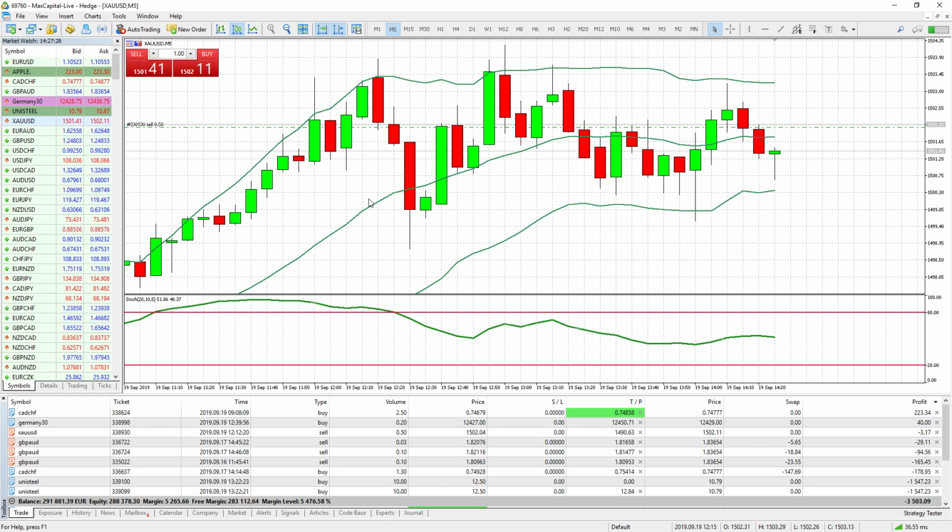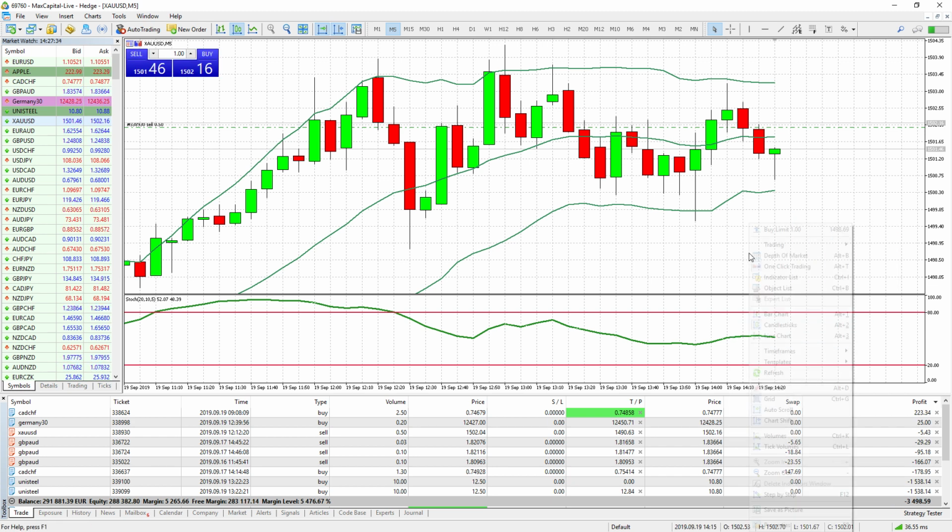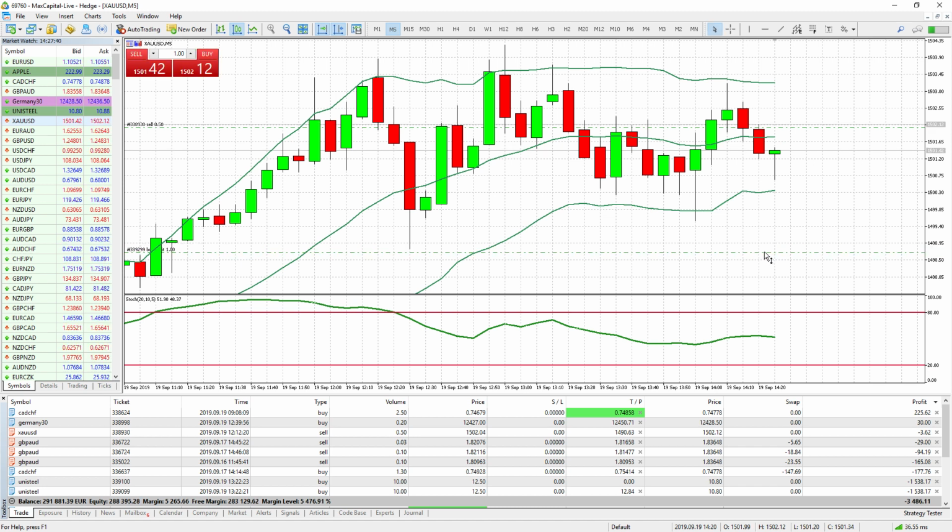And when, for example, we put our buy limit here, when the gap is executed, my trade will be opened exactly here.